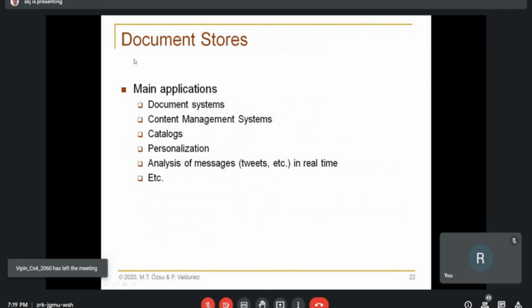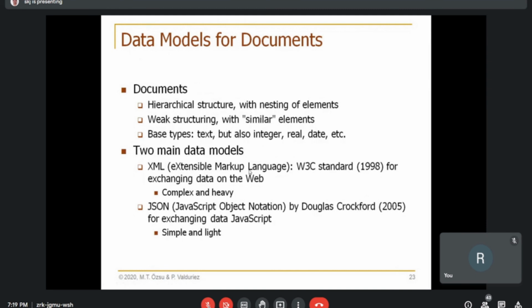For this kind of application, we use document-based NoSQL databases. The data model for documents is a hierarchical structure with nesting of elements, weak structuring with similar elements, base types such as text but also integer, real, date. Two main data models: XML and JSON.